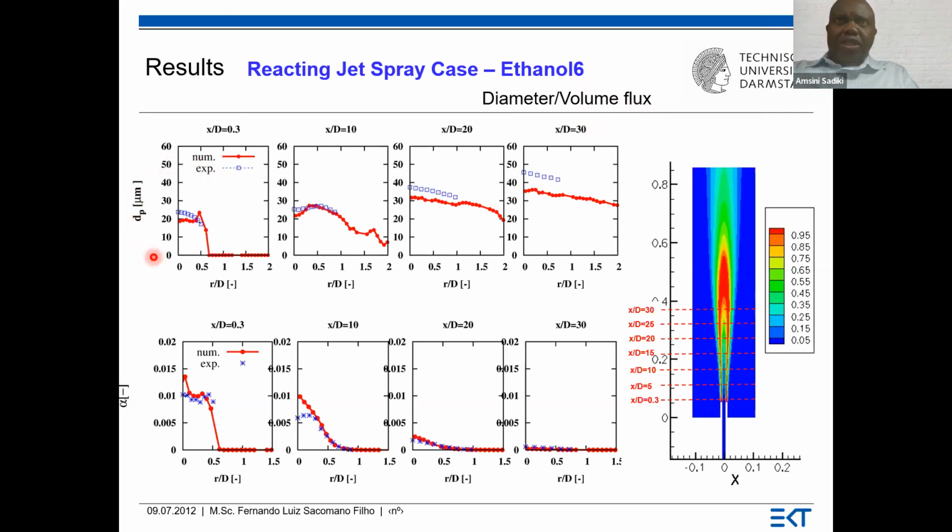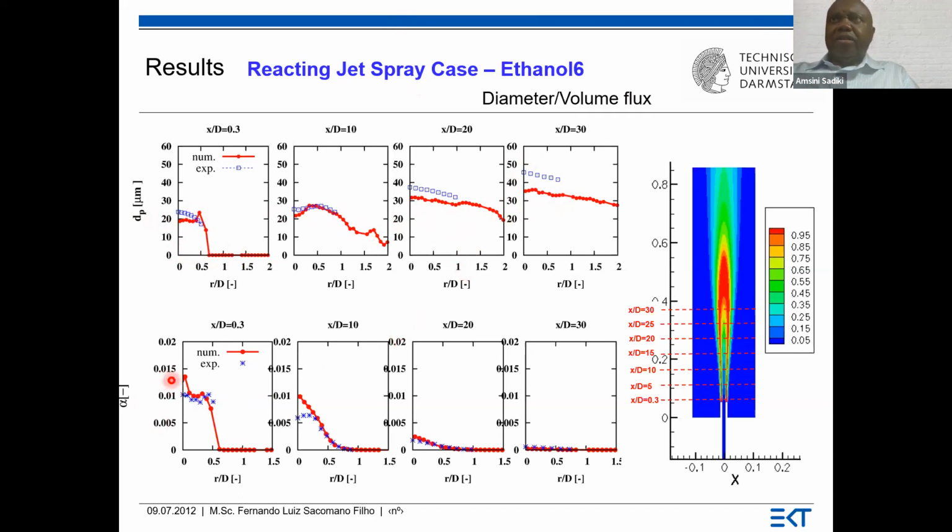So we see the evolution of the particle size in the radial direction, and we have here experimental data, and we have our simulations, and it is the same observation. With experiment, we can only have access to a very reduced domain of the system, but numerical simulation allows us to get more details.